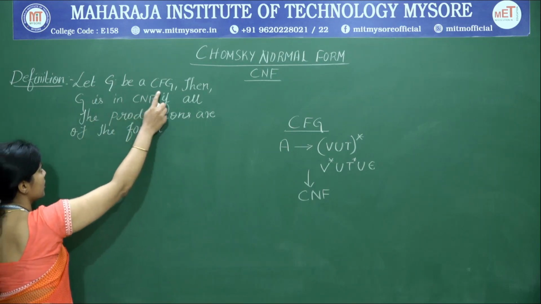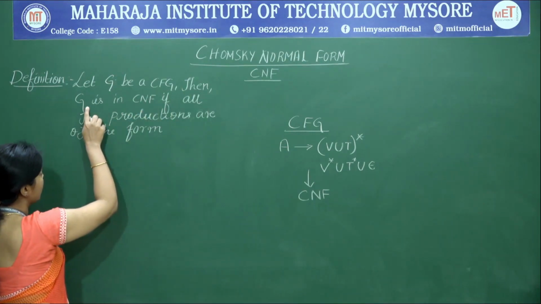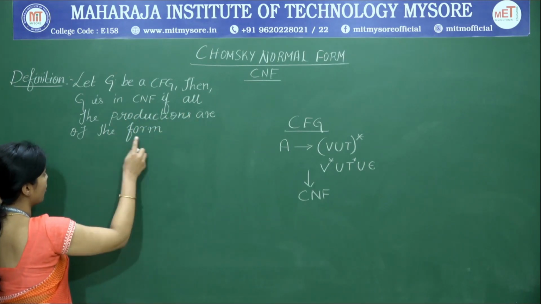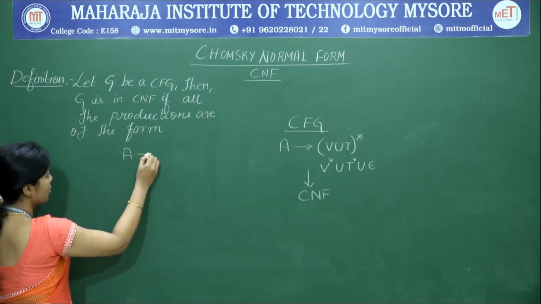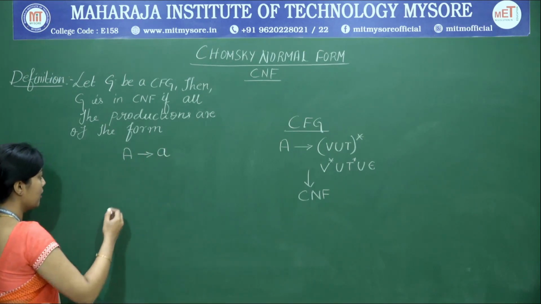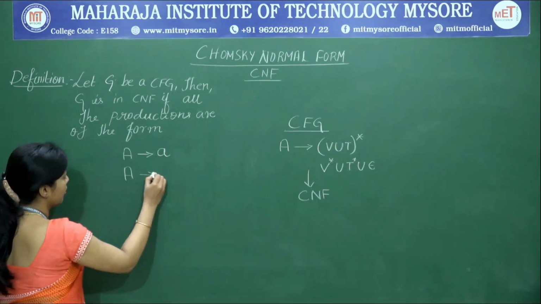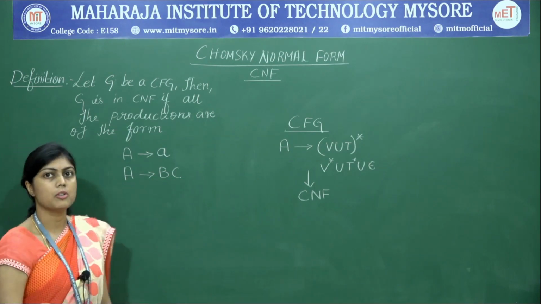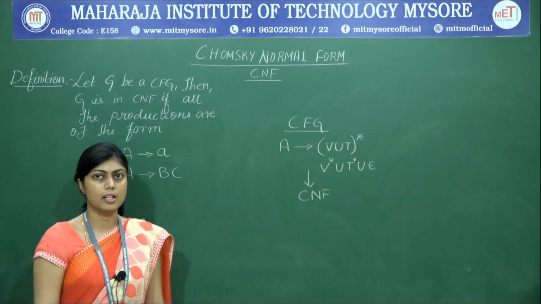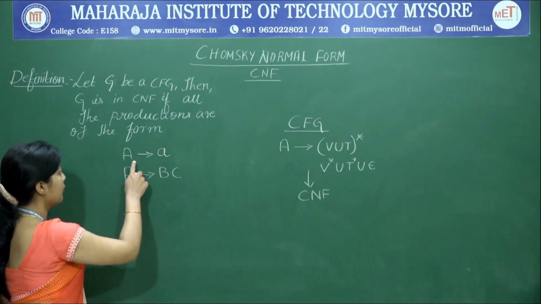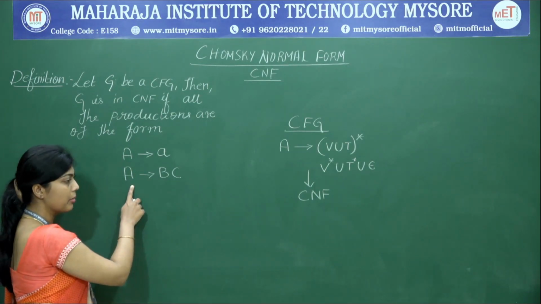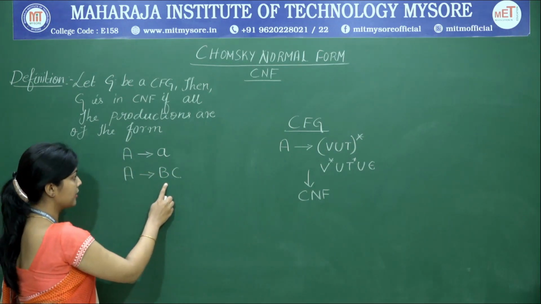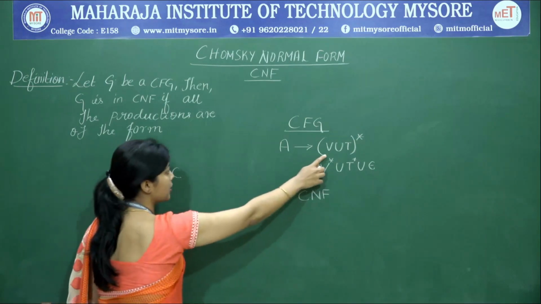Let G be a CFG, then the grammar G is in the CNF form if all the productions are of the form A goes to small a and capital A goes to B C. These two are the only two types of productions allowed for the CNF form. The left hand side can be a single variable as in the CFG, but on the right hand side we do not have as much flexibility.